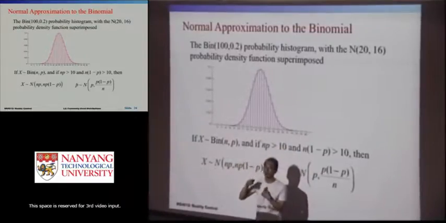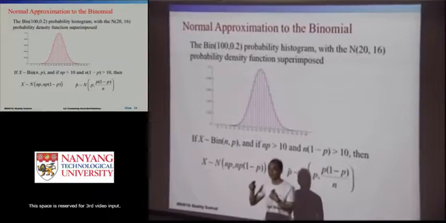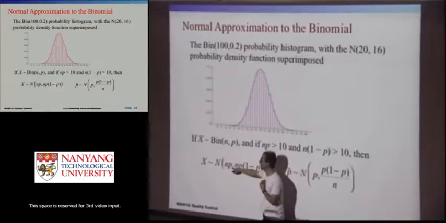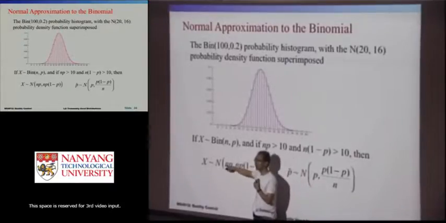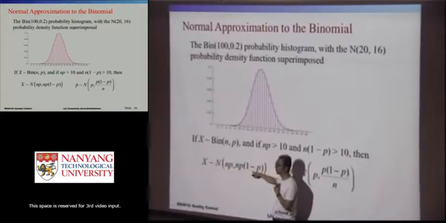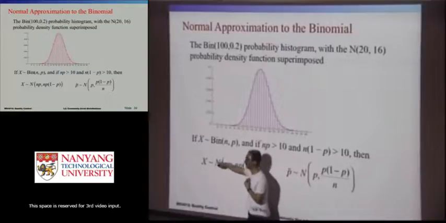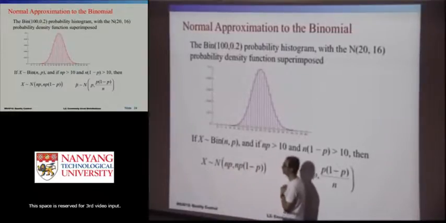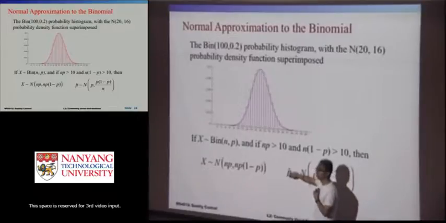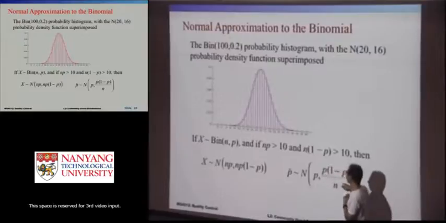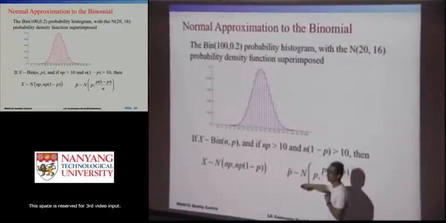Whether binomial or normal, they should have the same average and the same variance, right? So we put the average of the binomial distribution here and the variance of the binomial distribution here, and then we get our normal distribution. The estimate of the success probability also satisfies a normal distribution, and it is given by this.